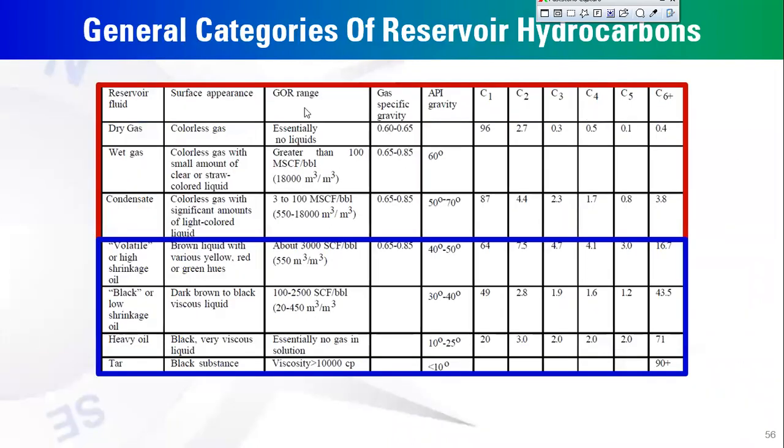This is the general guidelines for characterization of reservoir fluids, as you know, as a function of composition and other parameters like API and gas-oil ratio trend.